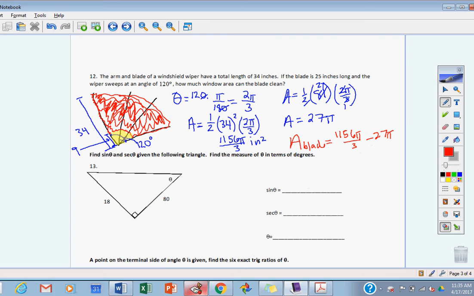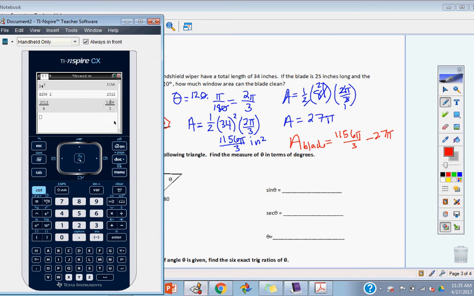Let me pull up my calculator, and we can use some of our answers here. I've got that answer times pi, and I'm going to subtract 27 pi, and I'm going to hit control enter to get a decimal answer.